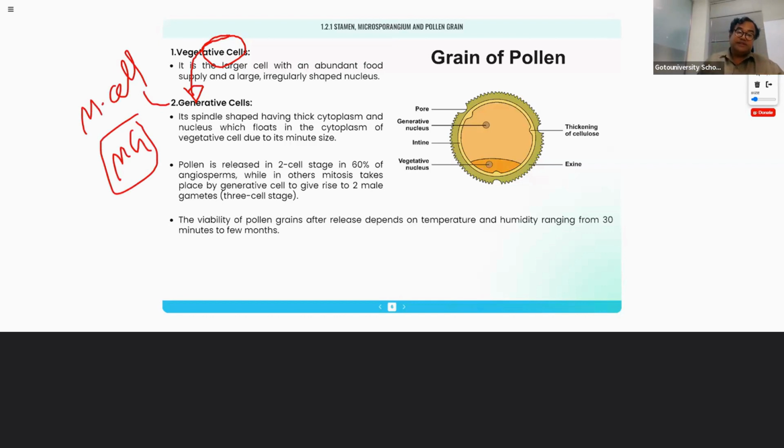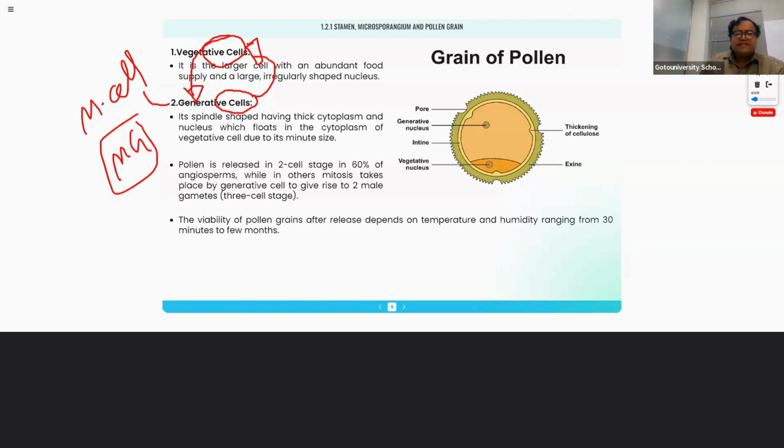The generative cell's nourishing cell is the vegetative cell. So they are using multiple words. You need to refer to many books and sit and study for many hours. Then we can balance everything, right?